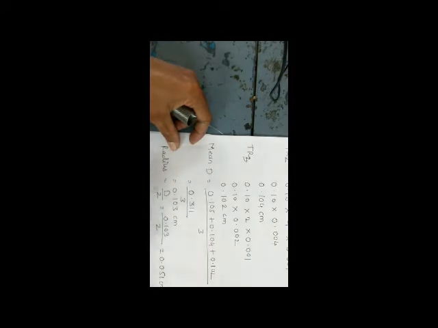Similarly, we take these three readings, get the mean diameter, and then find the radius of the wire. We get 0.051 centimeter. The next observation is the spring's number of turns.